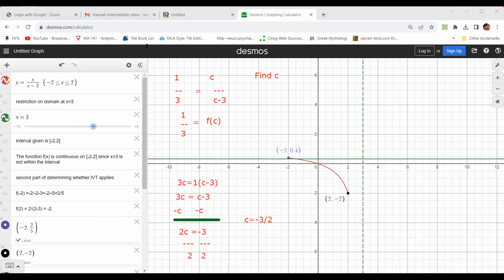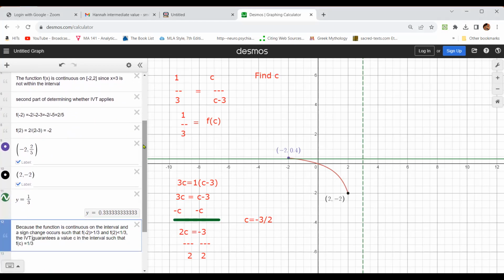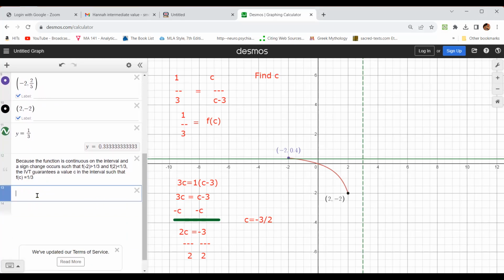Remember last night, I showed you that you could use the graph to help you find it, right? Remember we were doing that the other night? Yes. So this point here should be -3/2, shouldn't it? Yes. So in theory, let's see where -3/2 and 3 is.